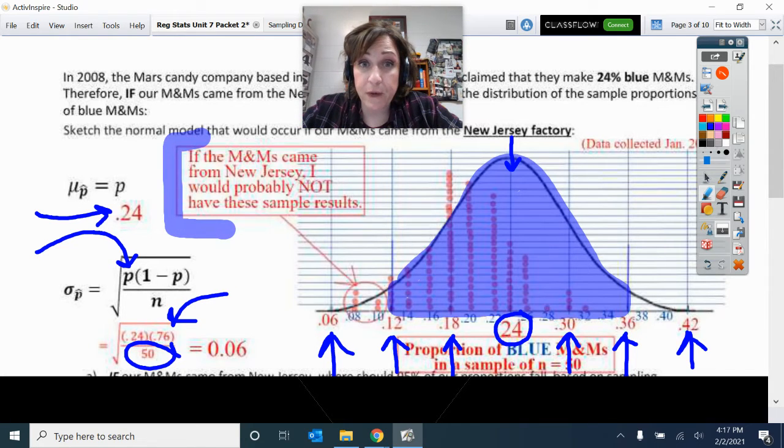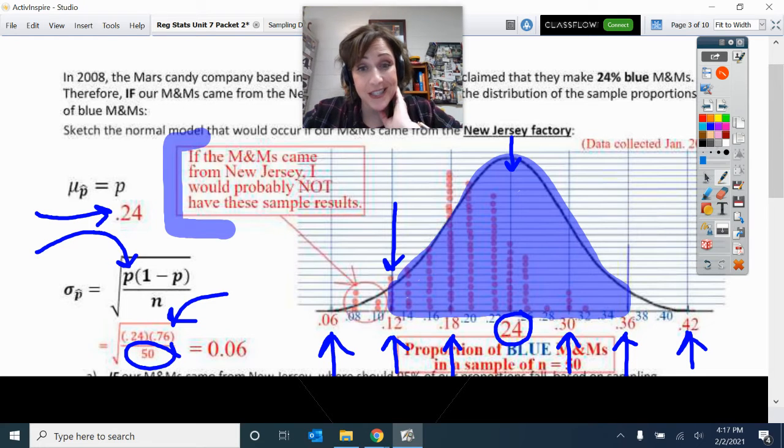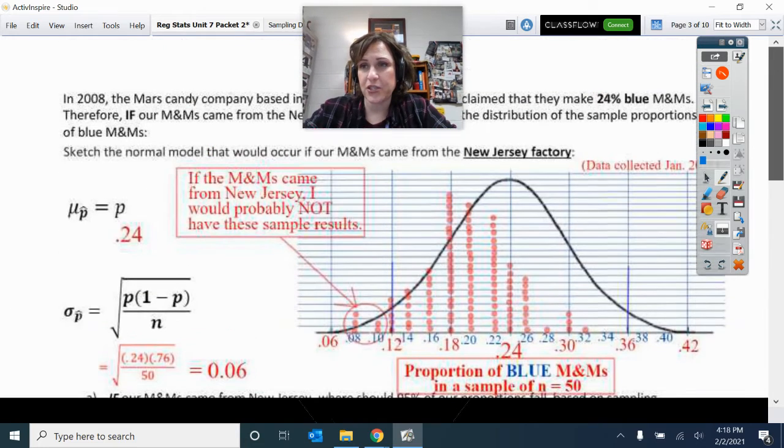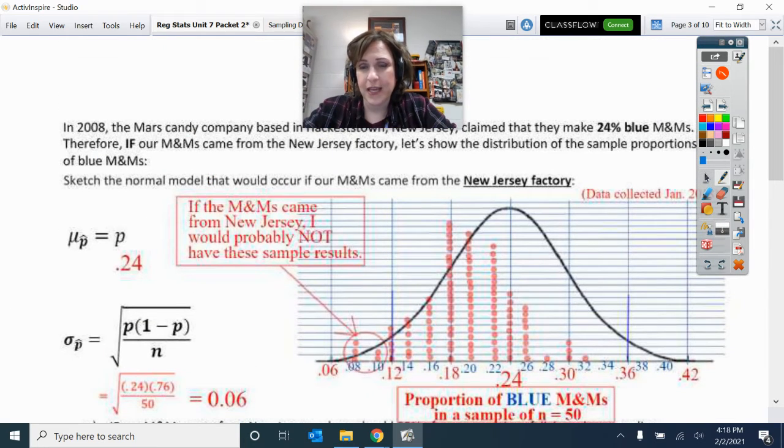If the M&Ms came from New Jersey, then I would probably not have these sample results out here. Technically, I probably wouldn't even have these ones that are on that 2 line. So there's 6, 7, 8, 9, 10, 11. There's 11 samples that I should not have gotten if these came from the New Jersey factory. So you can kind of see what's going on here. I bet you have your suspicions on where these M&Ms came from.